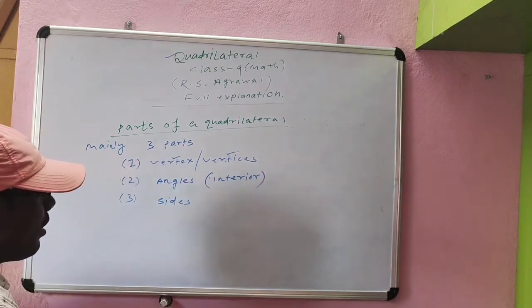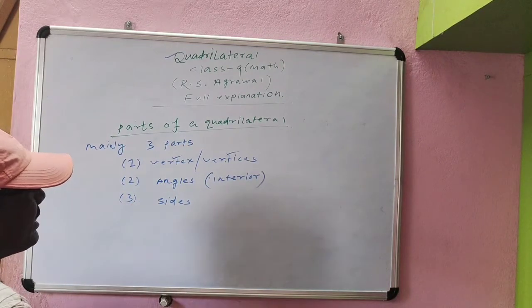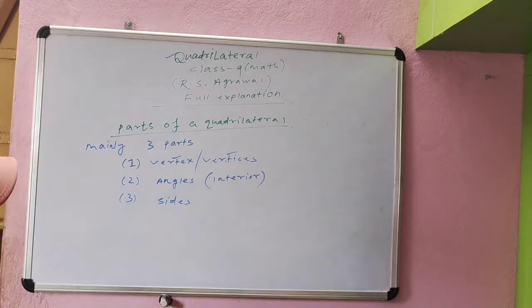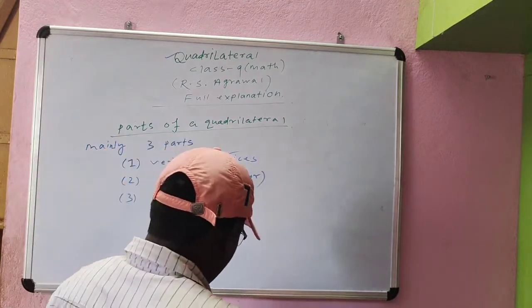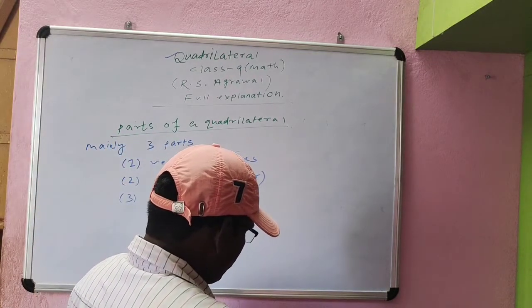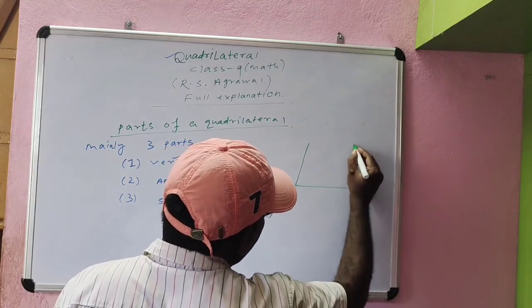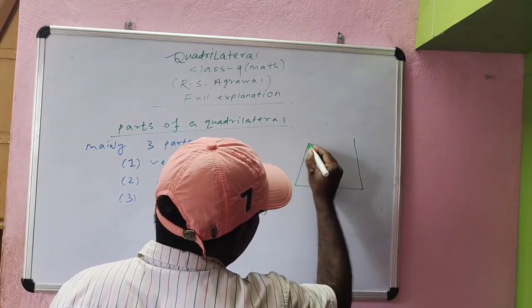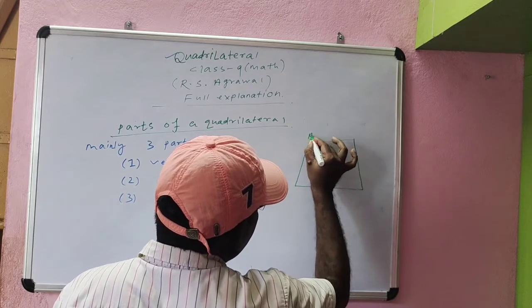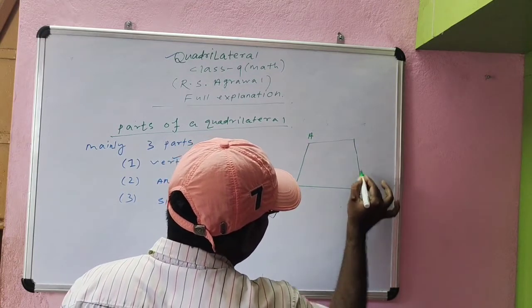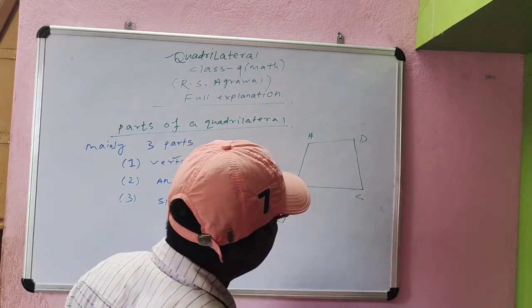Then, how many vertices are there in a quadrilateral? Suppose ABCD is a quadrilateral.